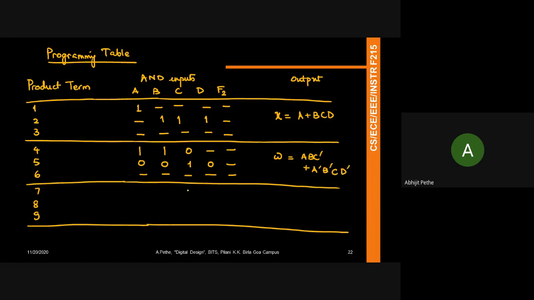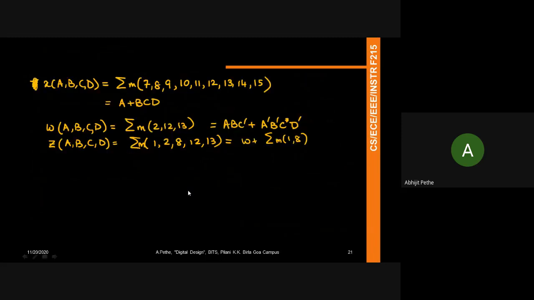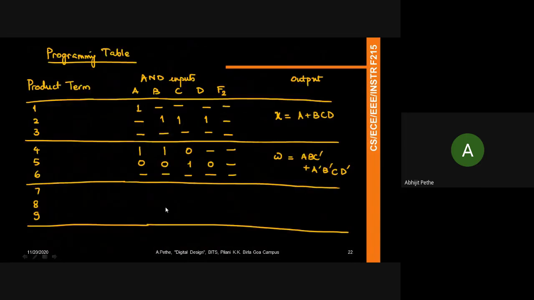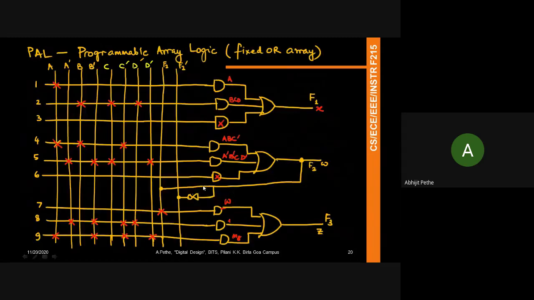Similarly, for the third one, we are reusing this F2. So your first fuse is just going to be F2. I leave all others open, because I'm using the true value. This gives you the flexibility of either using the true value of this input or using the complement of the input. The second one is going to be 0, 0, 0, 1.